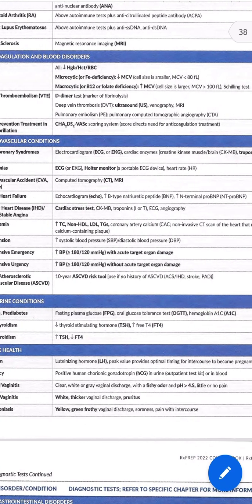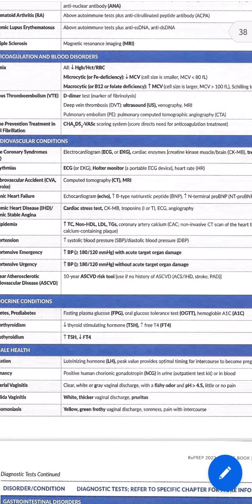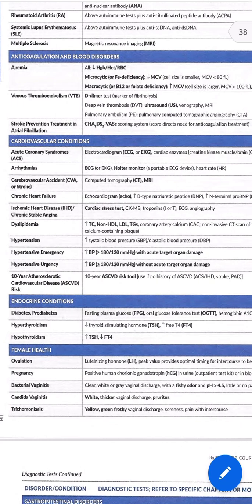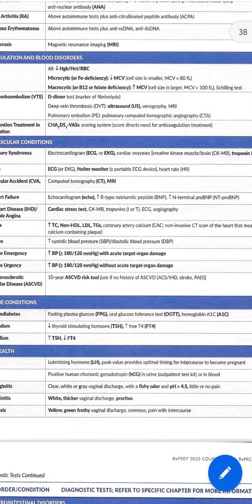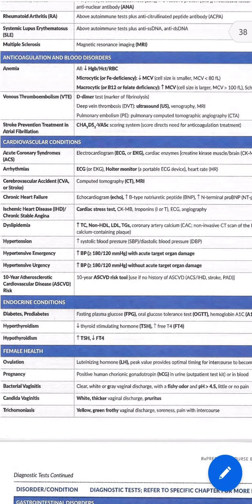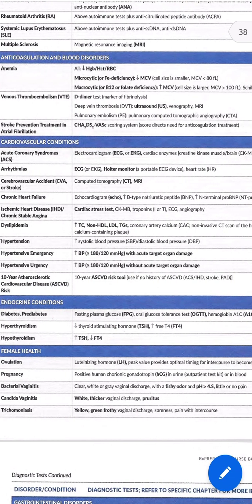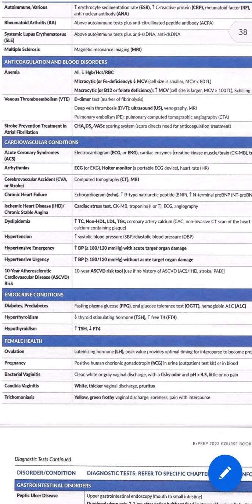Also creatine kinase muscle or brain, CKMB, and troponin I or T, you can also use to diagnose ACS. For cerebrovascular accident, CVA or stroke, you can use MRI or CT to diagnose.